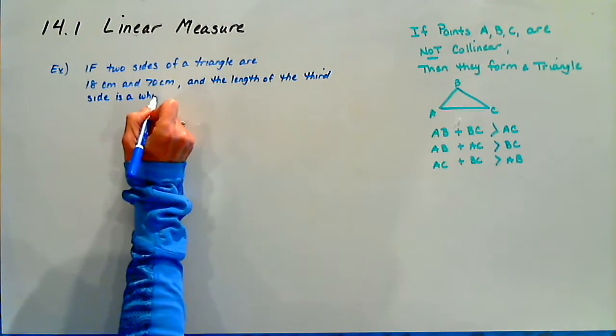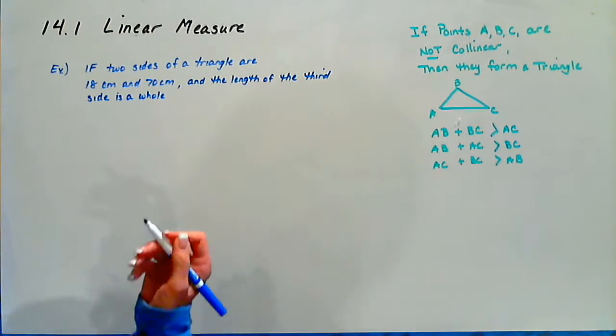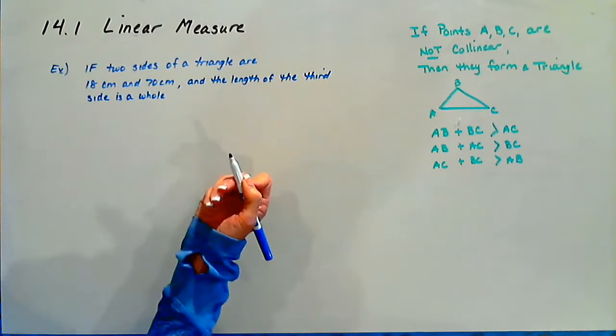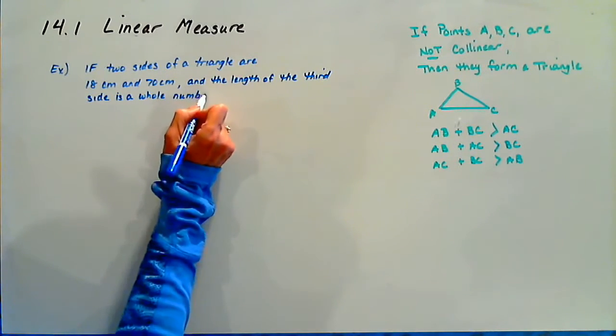And remember, whole numbers are non-negative, so 0, 1, 2, 3, 4, etc. Of course, 0 wouldn't work, it wouldn't be a triangle.